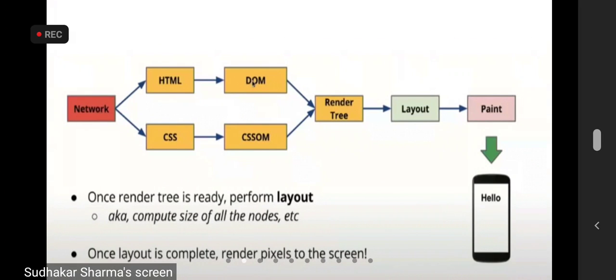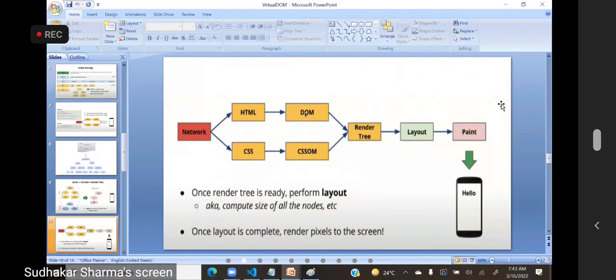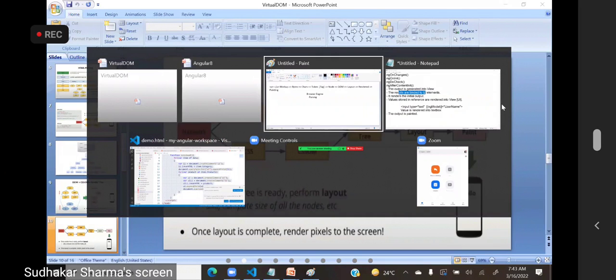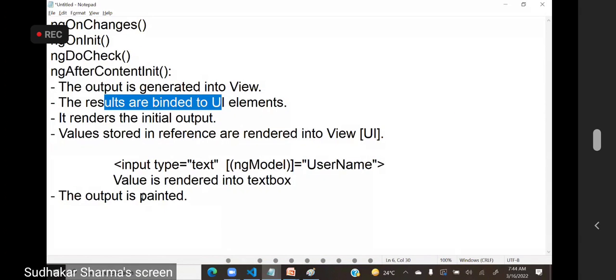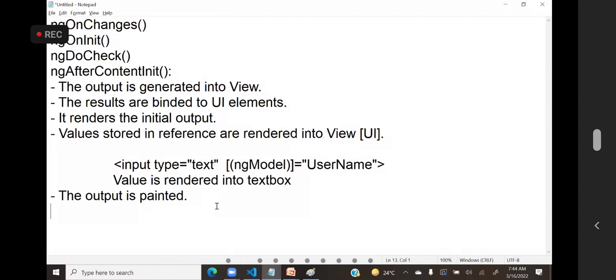The previous and current value is provided by the SimpleChanges object.